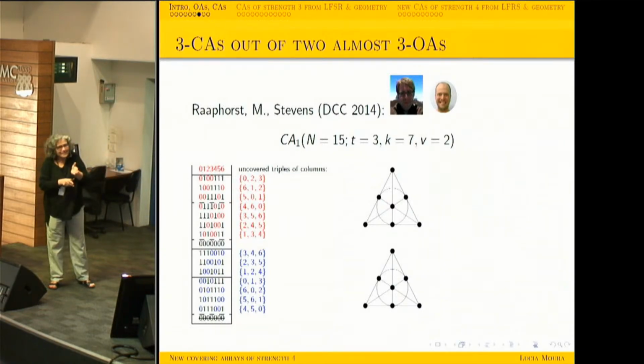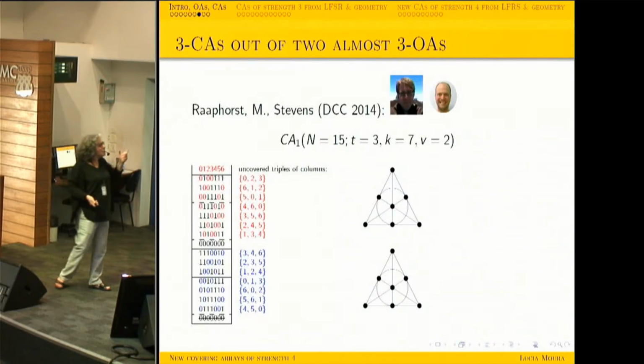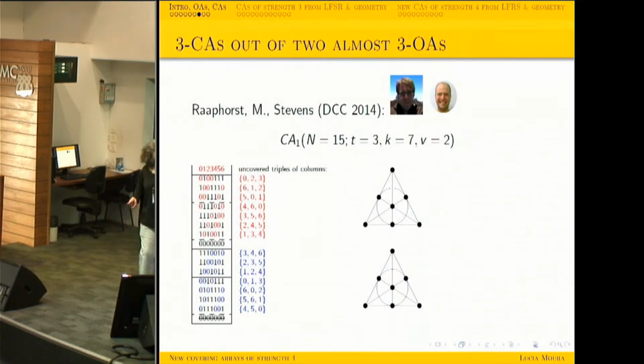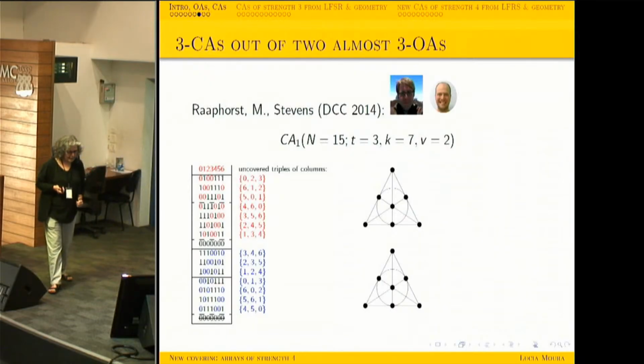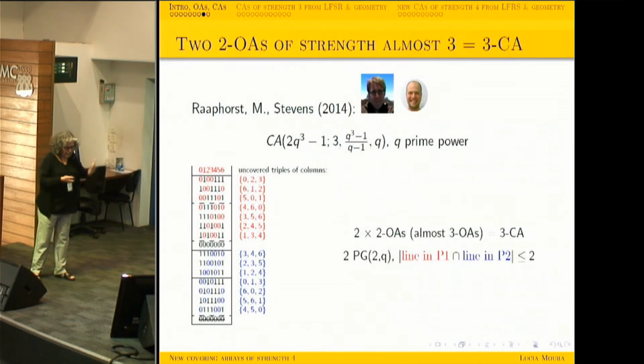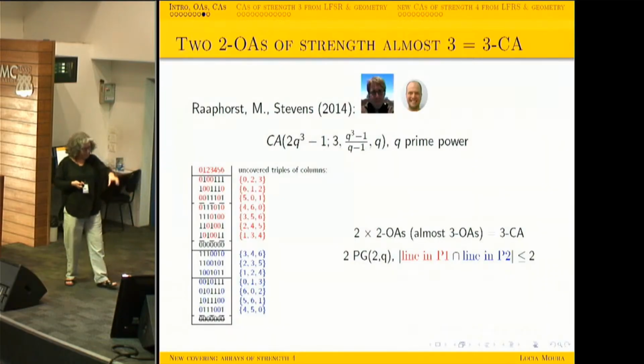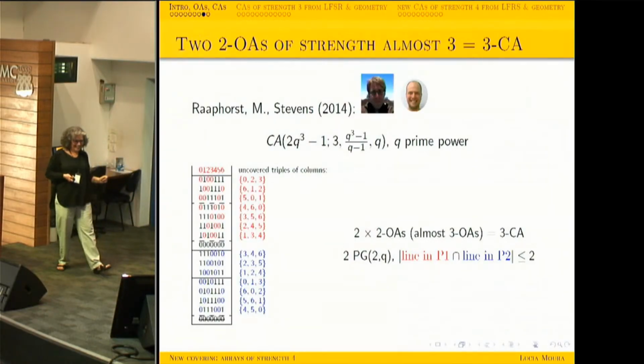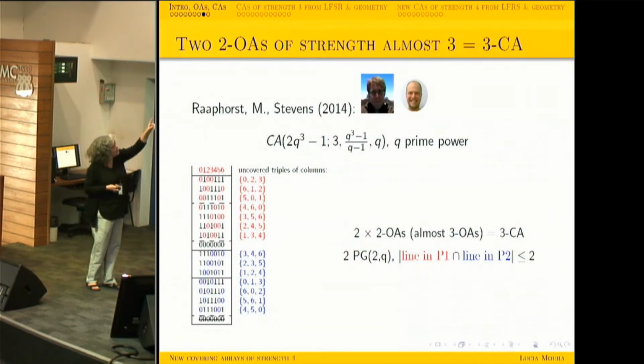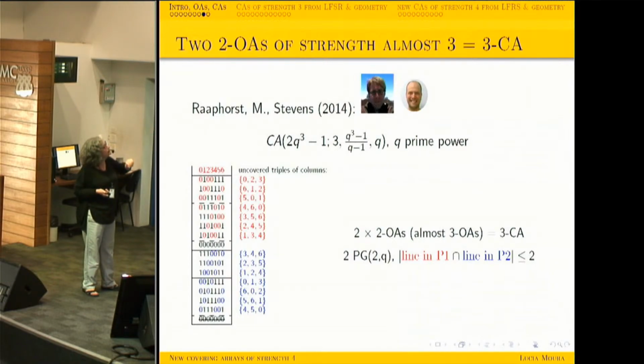And together, they form a covering array of strength 3, because triples of columns that fail on the top part of the array do not fail at the bottom. And these have some connections with geometry that I will talk about later. This gave these arrays, for these parameters, for every q prime power.